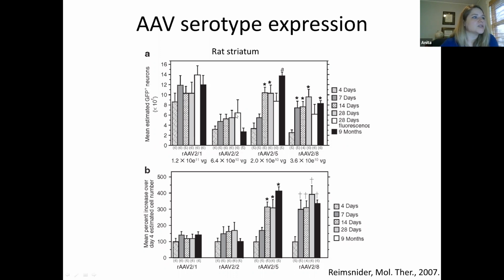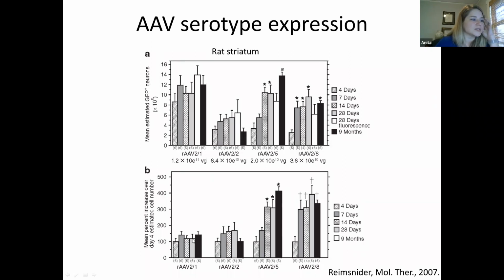Some of them are slower to progress. So for example, 2/5 has a slow onset. You have a big expression here after 14 days, and you're going to accumulate signal over time. And then here with 2/8, maybe it's a little more stable. So 2/1 is high from the beginning, but it's pretty stable over time.